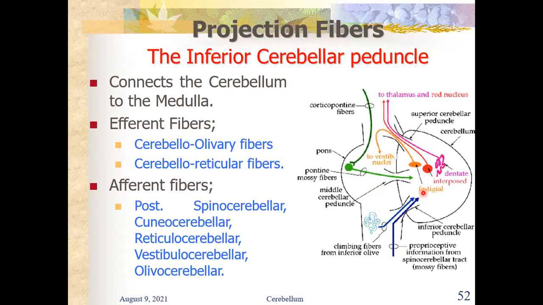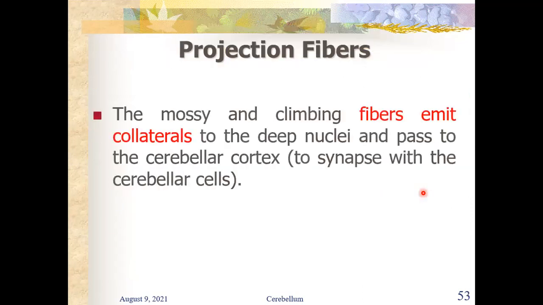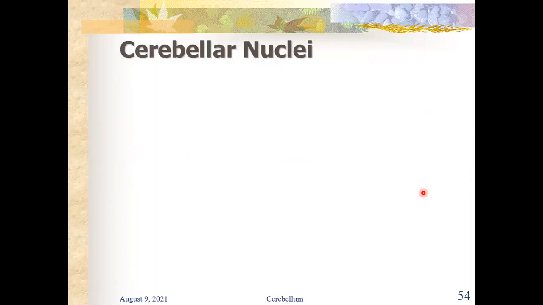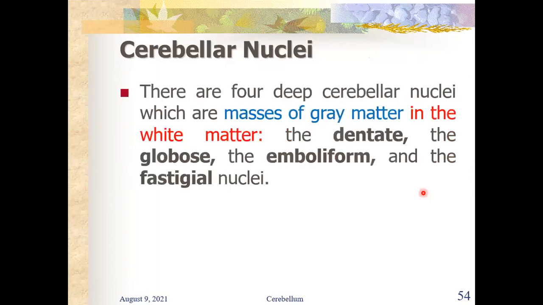So before they pass in to make connections with other cerebellar neurons, they first send collaterals to the deep cerebellar nuclei, and then pass to the cerebellar cortex to synapse with the cerebellar cells, the Purkinje cells, the basket cells, and so on.